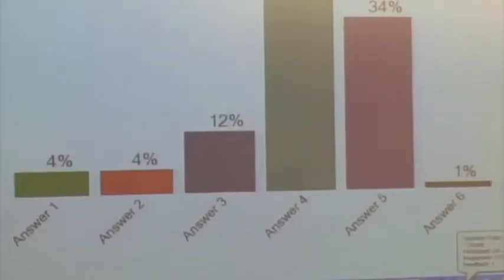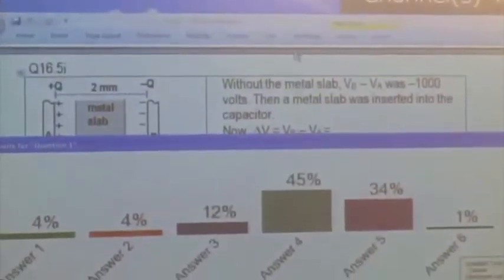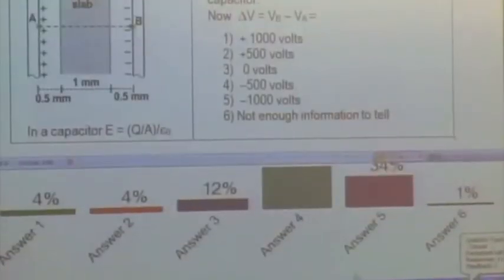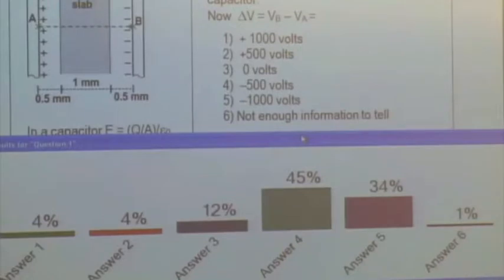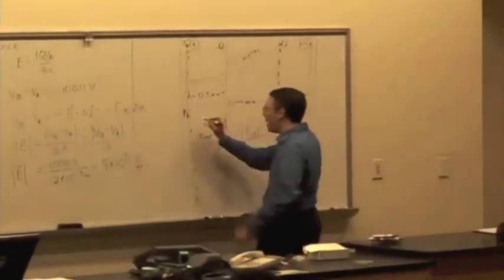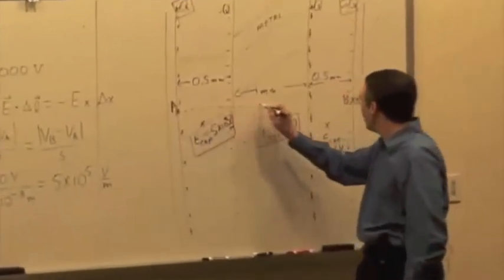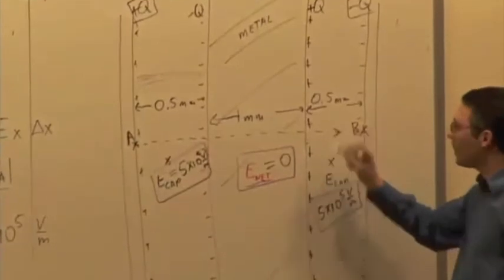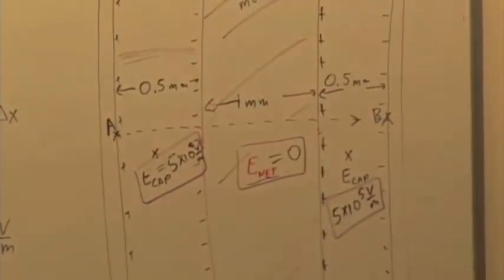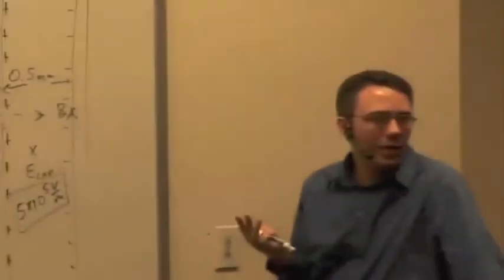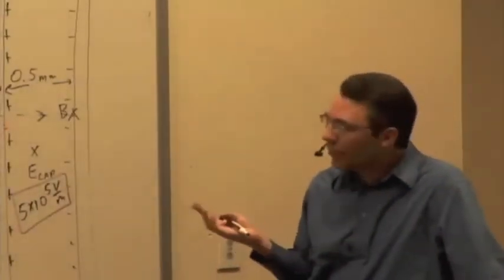Okay, we have 2 popular answers. Some people are saying answer number 5, which is exactly the same as it was before. Some people are saying it's half of what it was before. Well, how did we deal with a situation like this last time? You have a path that goes from A all the way over to B. As you traverse the imaginary path, you cross through 3 different regions of differing uniform field.